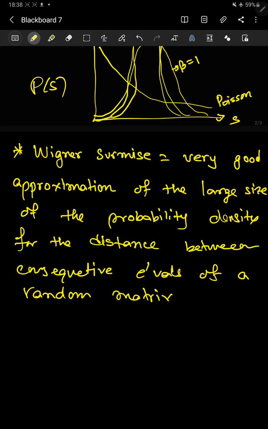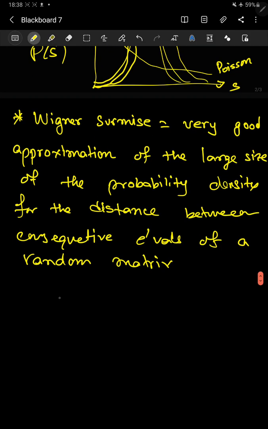You remember if I told you that the eigenvalues of a random matrix change because they're random matrices, the entries are changing, there will be different eigenvalues for different realizations of the matrix. So if you have different eigenvalues, the spacing will also change. So eigenvalues are also part of a separate distribution, right?